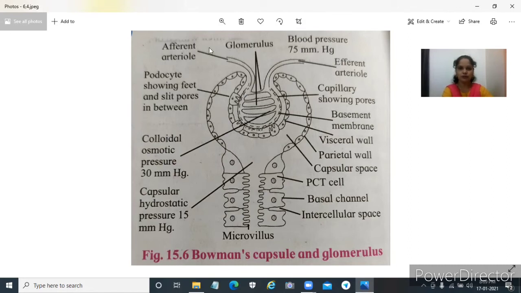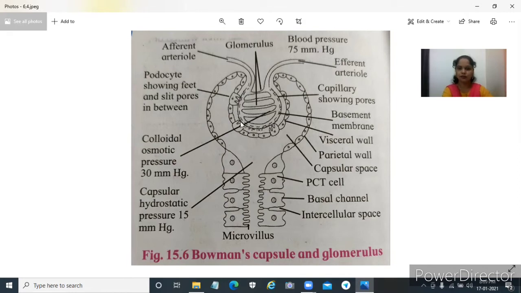Look here. The afferent arteriole is greater in diameter than the efferent arteriole. So there is a difference in diameter. Again, the capillary network also has a smaller diameter. Due to the difference in diameter of the afferent and efferent arterioles, the blood is filtered under a high pressure, so it is called ultrafiltration.